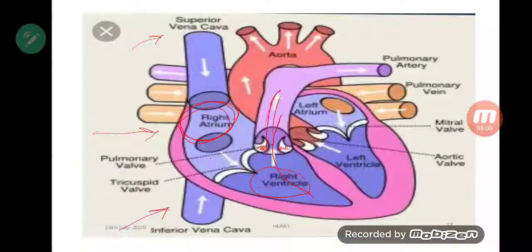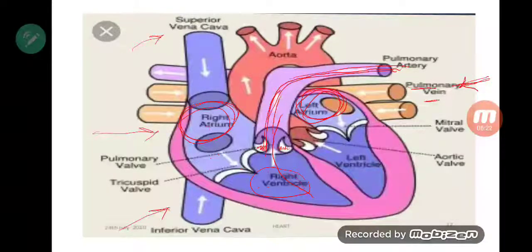The blood goes to the lung to receive the oxygen and comes back again from the lung through the pulmonary vein and enters the heart through the left atrium.